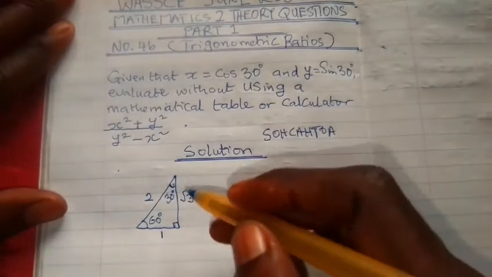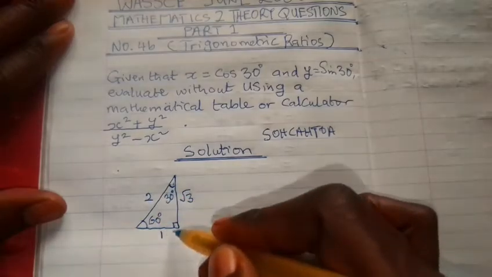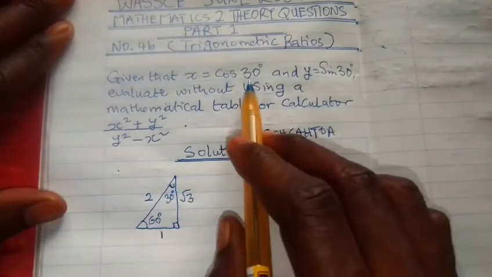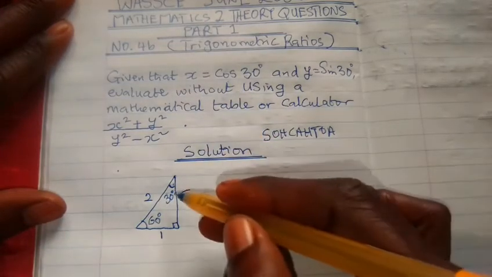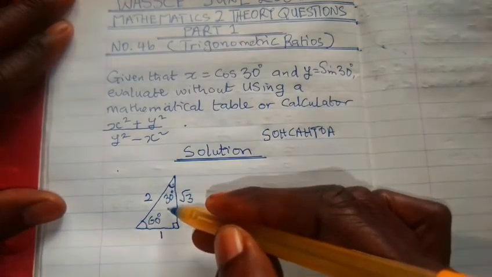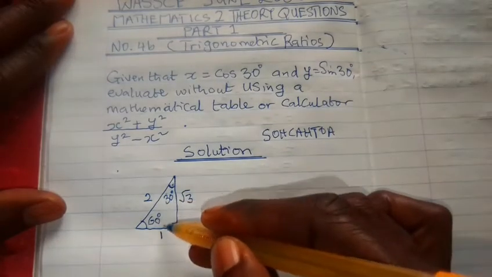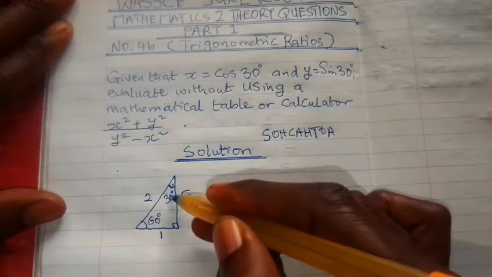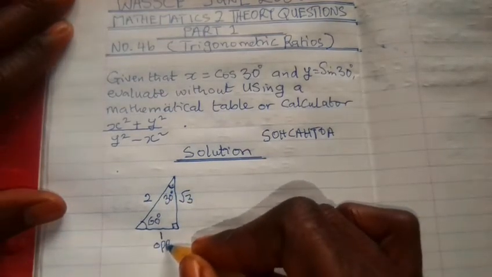The next thing we do is to identify the names of the 3 sides. Since we are dealing with angle 30 degrees, if you check the side opposite that, if you trace this angle 30 and come to this place, you see that 1 is opposite. So that makes 1 the opposite.